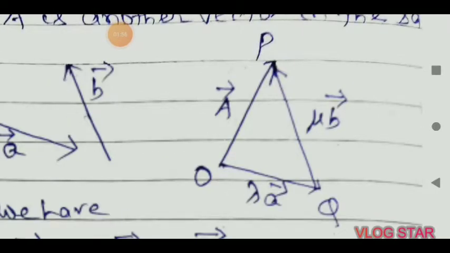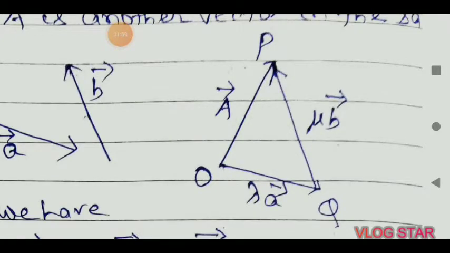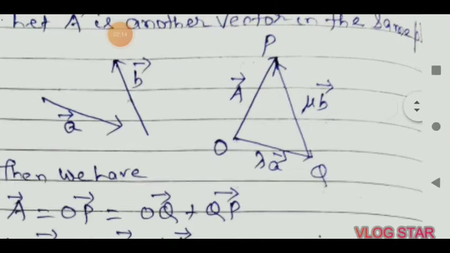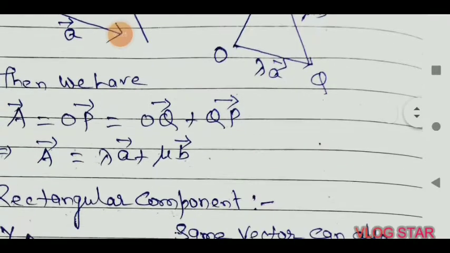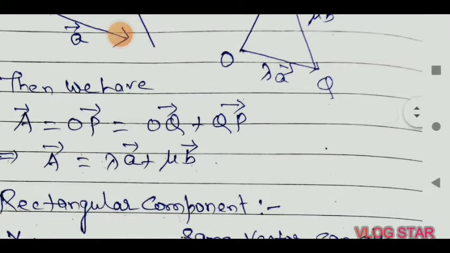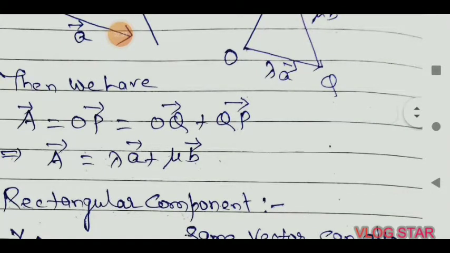Okay, let us consider that lambda and mu are the components of capital vector A along small a and small b respectively. Then you can see from the triangle of vector addition that vector A will be equal to OQ plus QP, that is, vector A equals lambda a plus mu b.